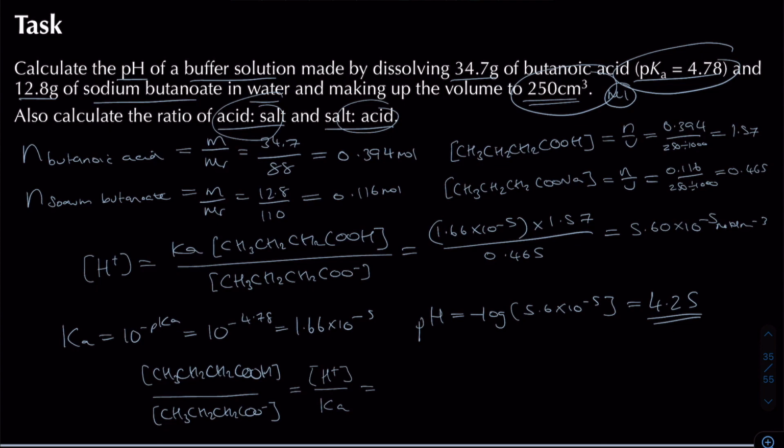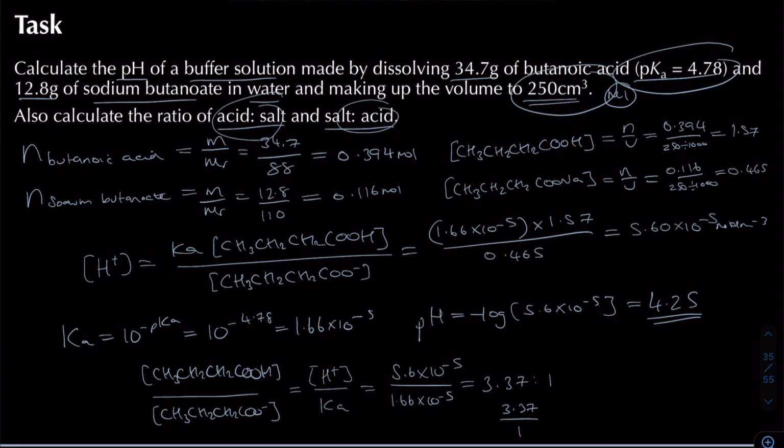And so if I look at my value for H plus, I know that's going to be 5.6 times 10 to the power of minus 5 divided by my value for Ka, which we worked out as being 1.66 times 10 to the power of minus 5. If I were to put that in my calculator, I end up with the following value, which is going to be 3.37 to 1 itself.